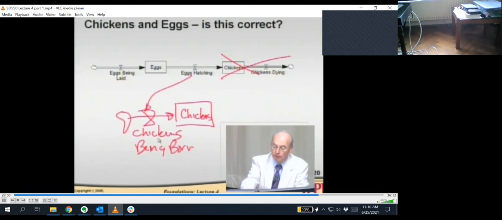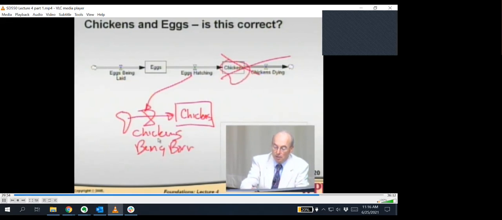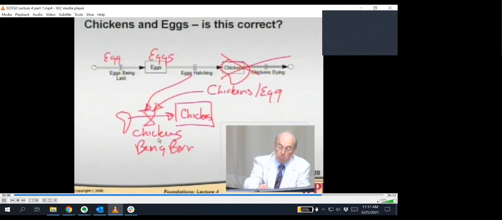I'm going to have a line from eggs hatching to chickens being born, and then I'm going to have chickens per egg. And so the units on this are eggs, let's say, per day. Chickens lay eggs every day, usually. Eggs hatch, eggs per day.